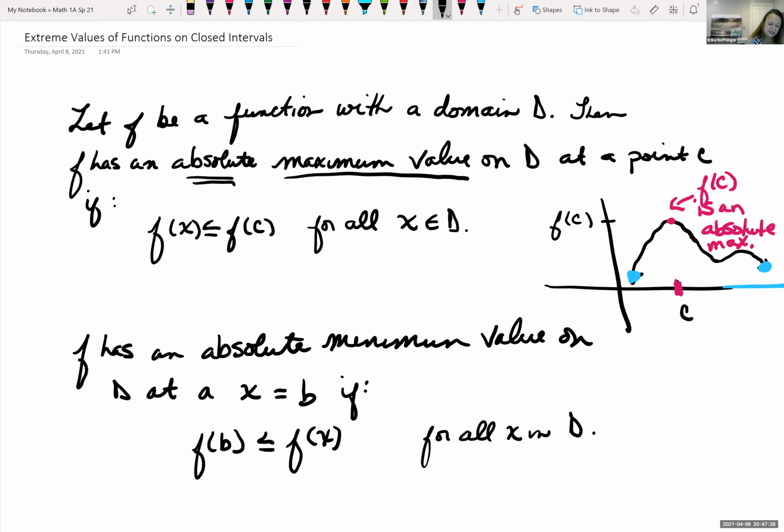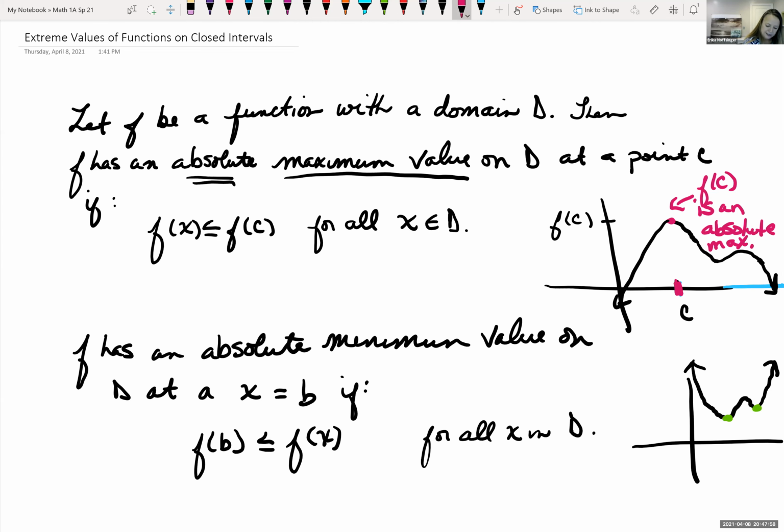If for some reason this graph was continuing forever, this would be a case where there was no absolute minimum, because this would be going down forever. But let me just draw something that does work. So in this case, notice there's multiple minimum values. We have one here and we have one here.